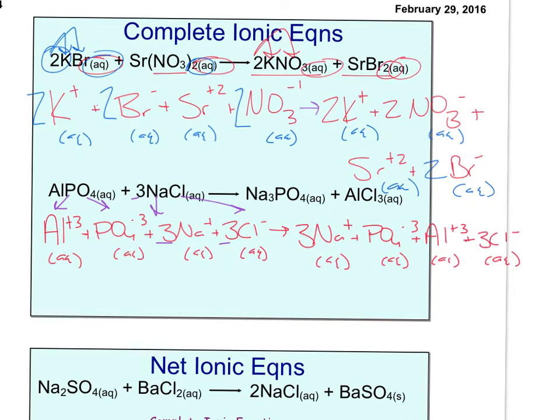Then there was sodium phosphate, which was aqueous. So I split it apart into 3 sodium, 1 phosphate. There was 3 sodiums here, moved that subscript to a coefficient, aqueous. And then lastly, aluminum chloride. So the aluminum, the chloride, 1 aluminum, 3 chlorine, aqueous, plus 3, minus 3. Everything checks out.